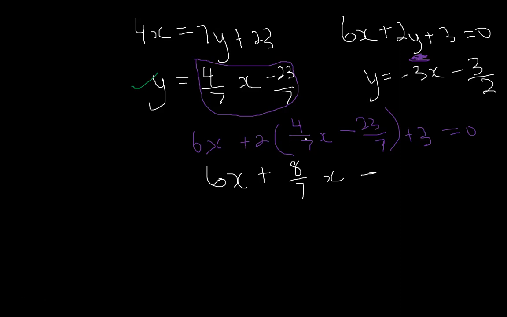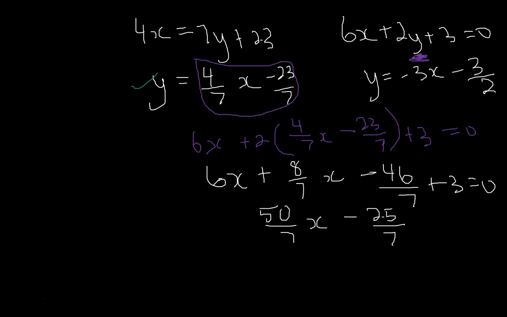And 2 by minus 23 over 7, that's minus 46 over 7. Plus 3 is equal to 0. 6x plus 8 over 7x, that's 50 over 7x. And then minus 46 over 7 plus 3, that is minus 25 over 7. Hold on, that looks like 2.5. It's 25.